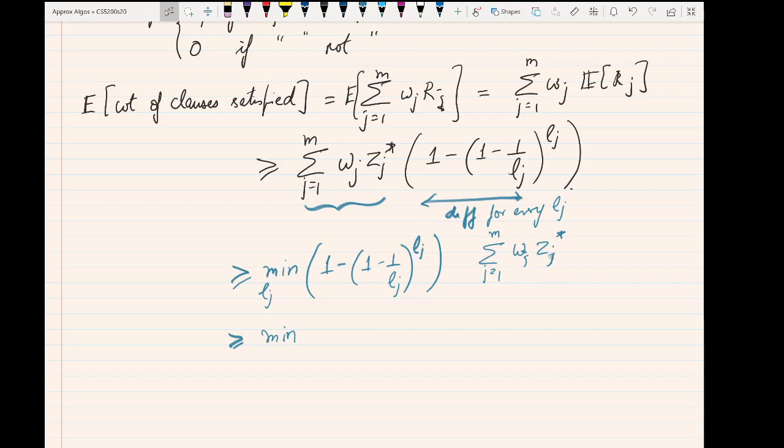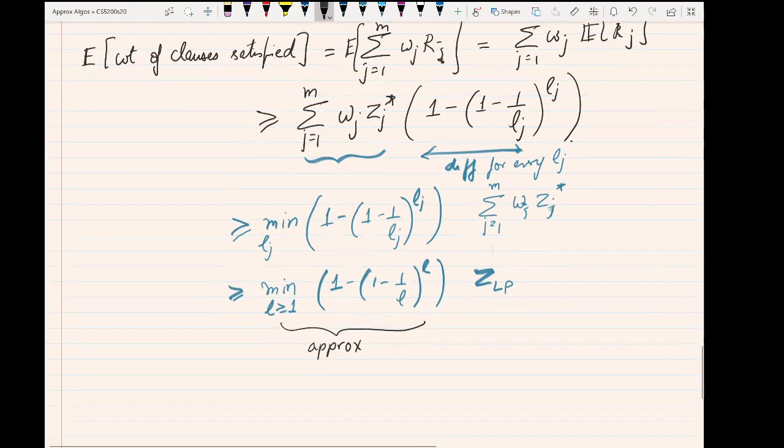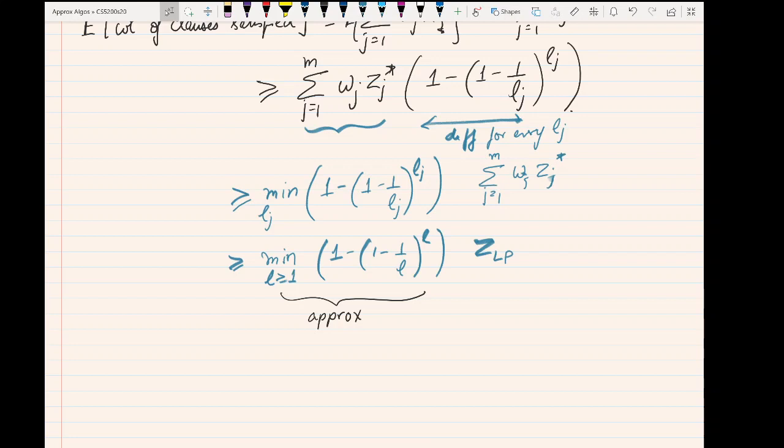And this is clearly greater than or equal to the minimum over any possible L, being an integer greater than or equal to 1, of (1 minus 1 over L) whole raised to L times ZLP. Okay, so the quantity that we have outside over here is our approximation factor. And what is the minimum over this?